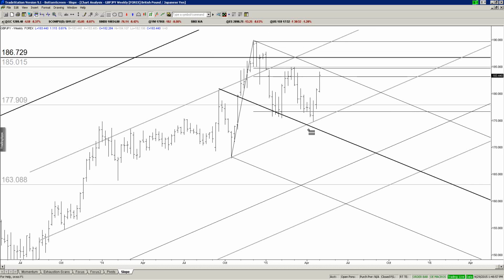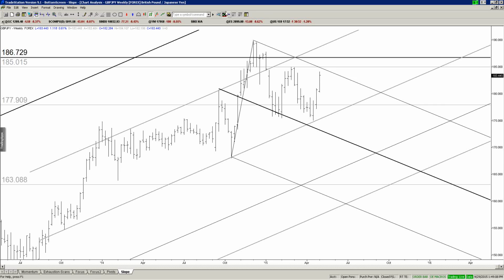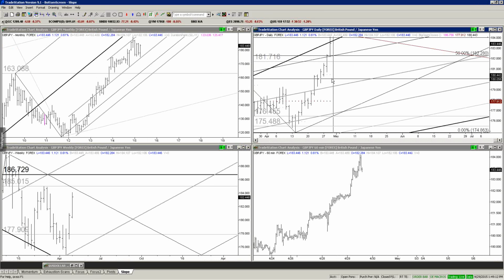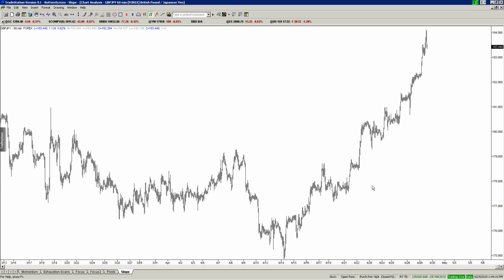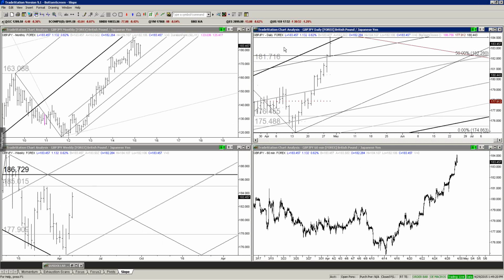If you look at retracements, we actually just nailed the 61.8 today at 184, and we pulled off about 60 pips today. So pound yen is in an interesting spot, maybe time to take a breather, or at least put up a fight as far as the other side's concerned.